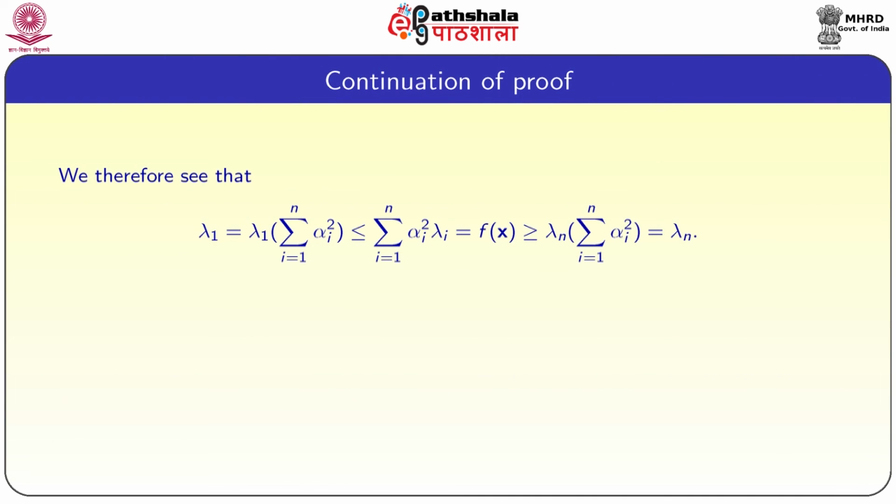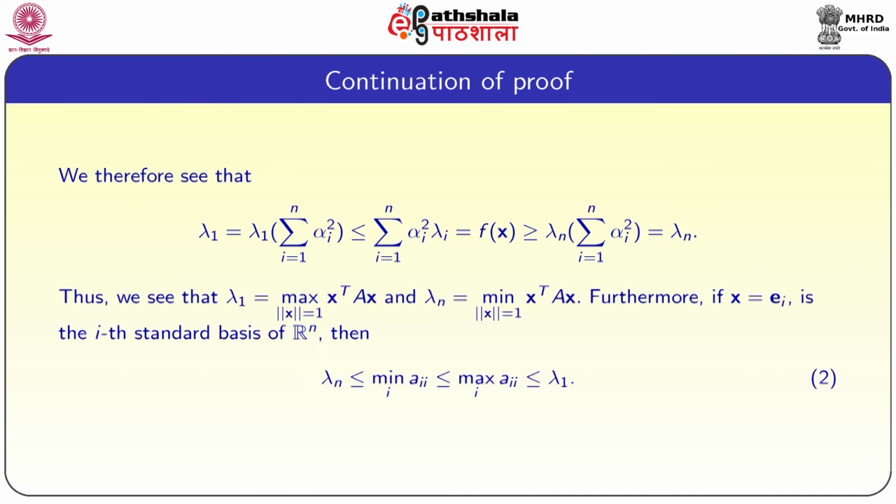We therefore see that lambda n times the sum of alpha i square is less than or equal to the sum of alpha i square into lambda i, which is f of x, which is less than or equal to lambda 1 times the sum of alpha i square, which is exactly lambda 1.